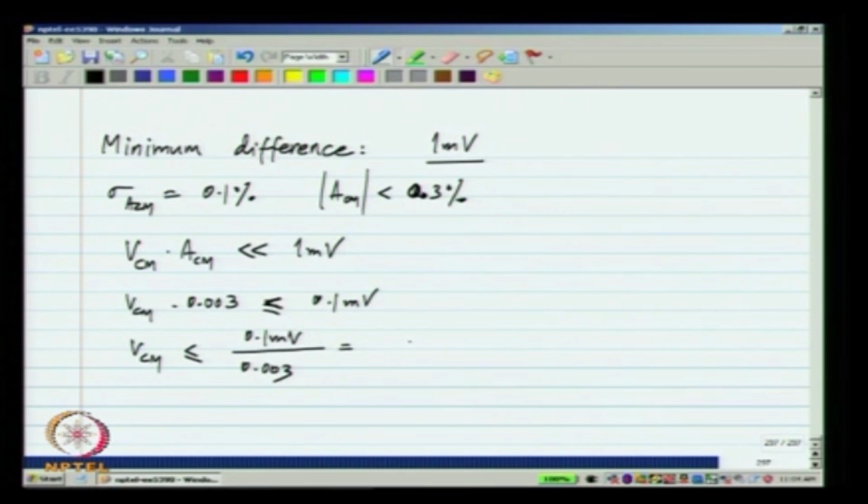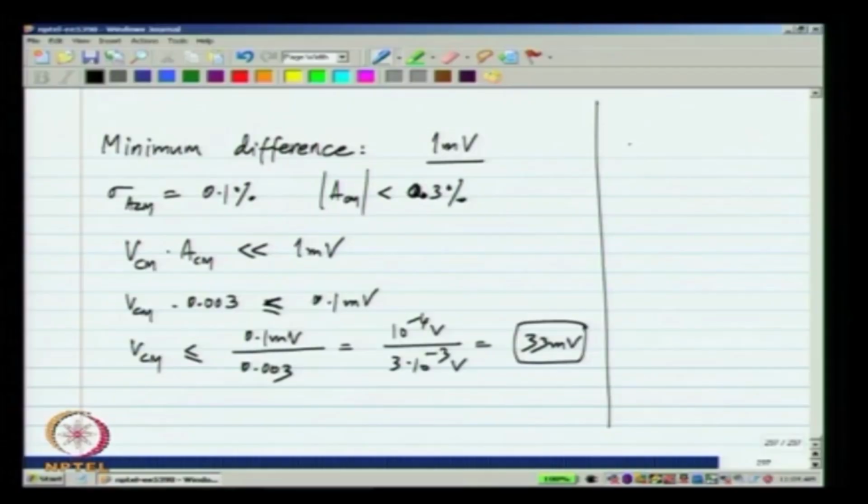That will give you approximately 33 millivolts. So, while this amplifier ideally gives you only the difference and completely rejects the common mode, with the mismatch that we have, it can only tolerate a common mode voltage of about 33 millivolts. Now, let us say we have to tolerate a common mode input voltage of 3.3 volts.